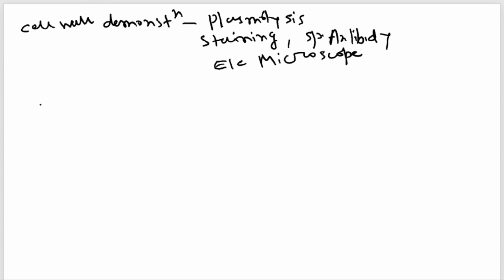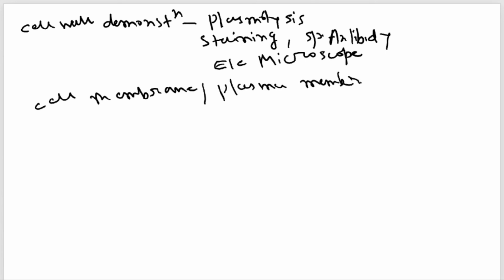Another structure is cell membrane or plasma membrane. We will go very quick about the cell membrane because this is not important for us from USMLE point of view. So very quick, cell membrane or plasma membrane.